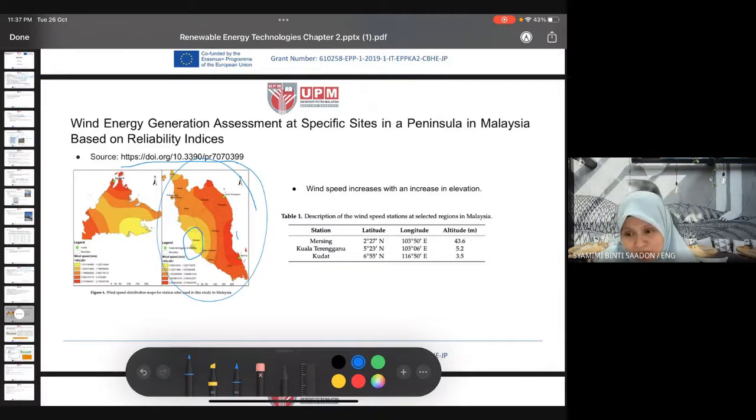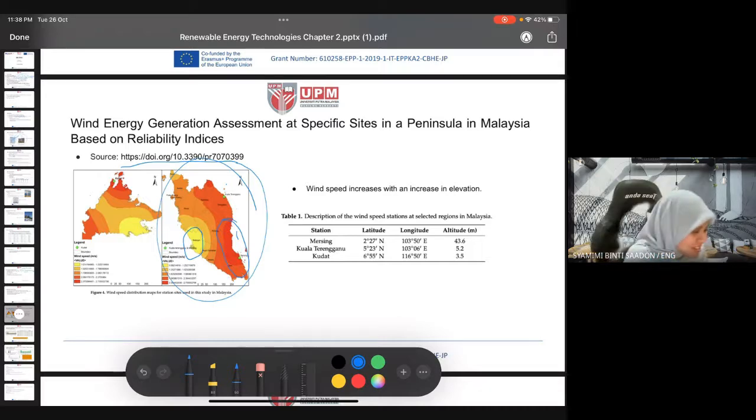So it's not very useful to apply wind turbines or wind energy in Selangor or Klang Valley, because we don't have enough wind speed there. Otherwise, the highest wind speed available is around here, Pahang, Johor.